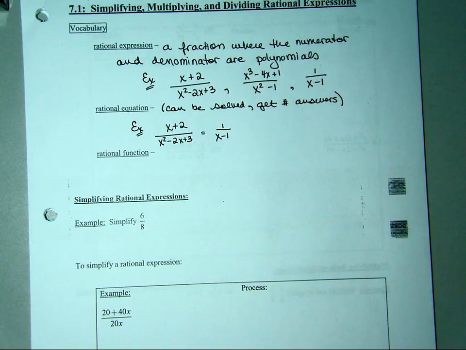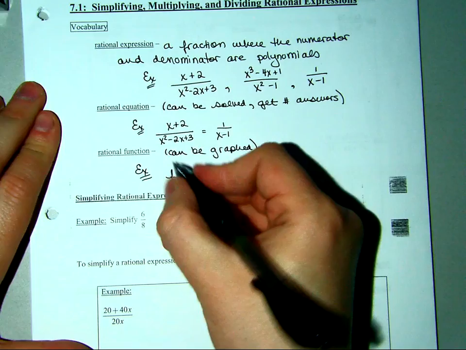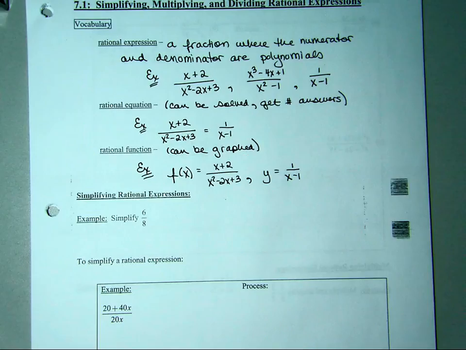Things like f of x equals x plus 2 over x squared minus 2x plus 3, or things like y equals 1 over x minus 1 are rational functions. We will look at graphing those middle of next week. The graphs of these are going to look rather different than any other graph we've dealt with so far this year, but we'll save those for next week.